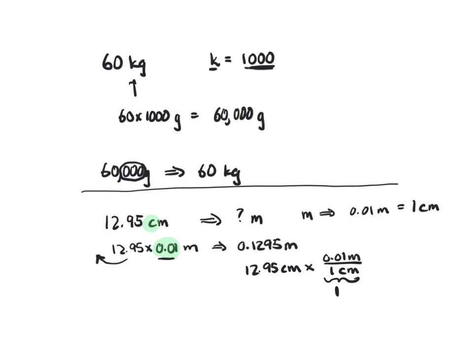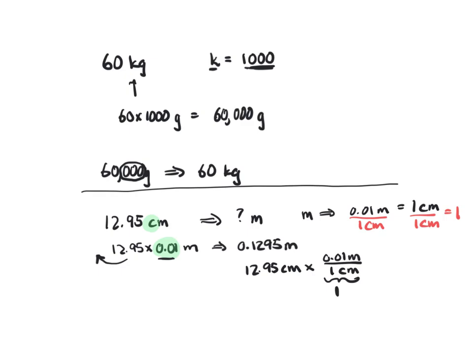Because if this equation is true, then if I divide both sides by 1 centimeter, then this fraction is equal to 1. And so if I multiply anything by 1, I get the same thing back again.